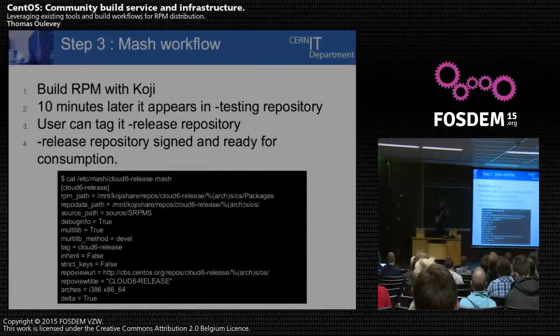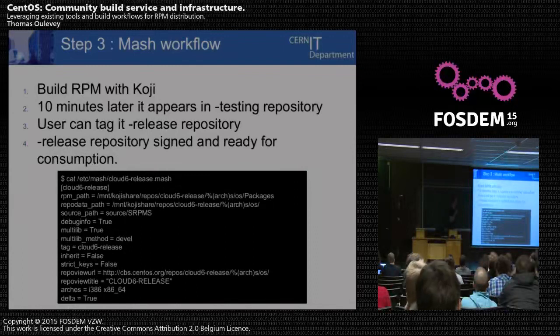The MASH workflow now. When you have done all that, what you need to do is distribute the RPM in a nice yum repository, so users, testers, and everybody can grab them. Every time you build an RPM in Koji, 10 minutes later it will appear in the testing repository, so you will be able to consume it quite quickly.